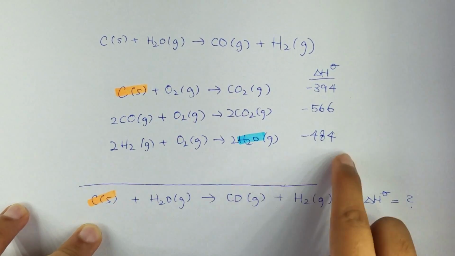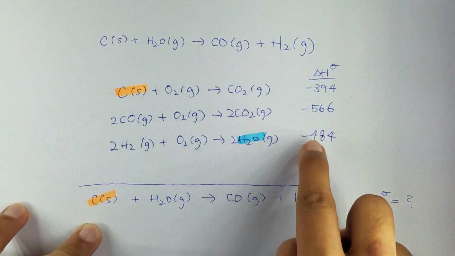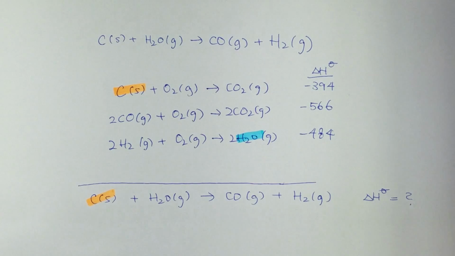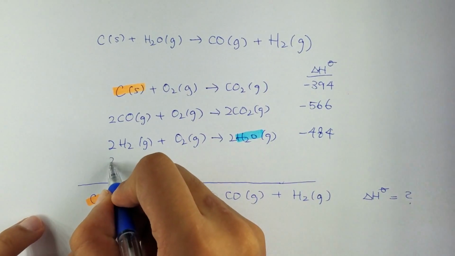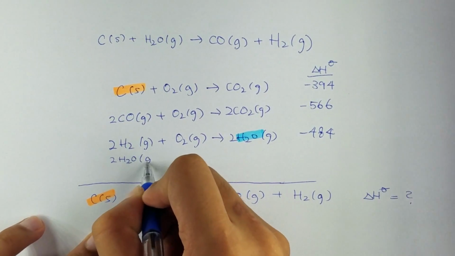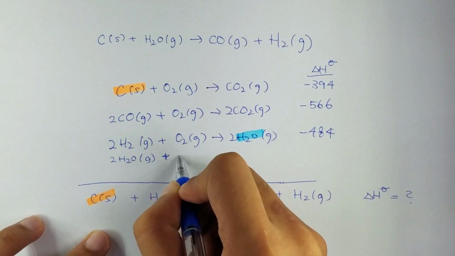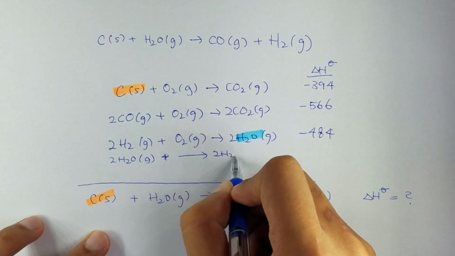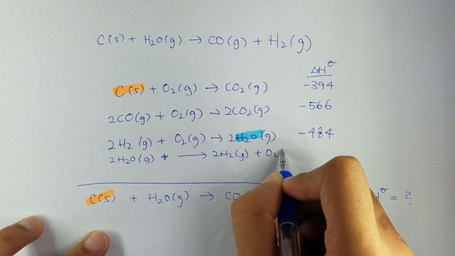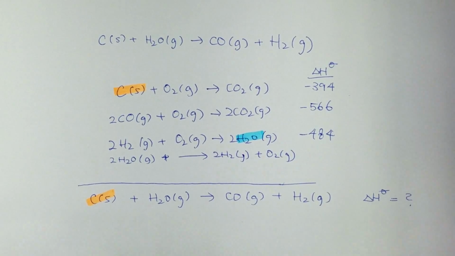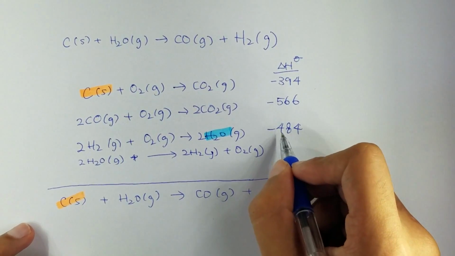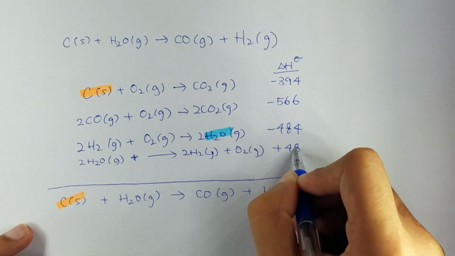However, when we flip, the sign will change. So after we flip, you will get 2H2 gas plus O2 gas on the left, equal to 2H2O. The negative sign will become positive 848.